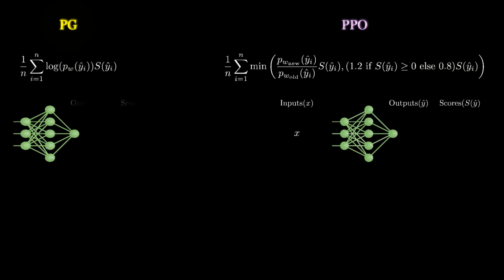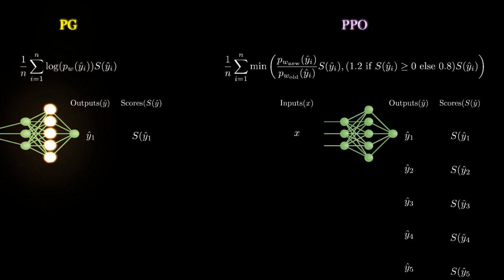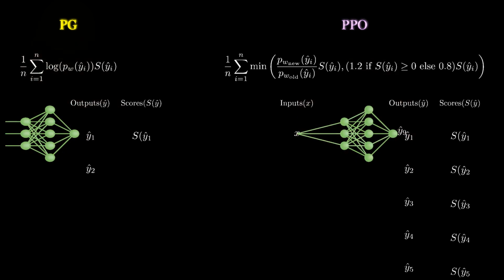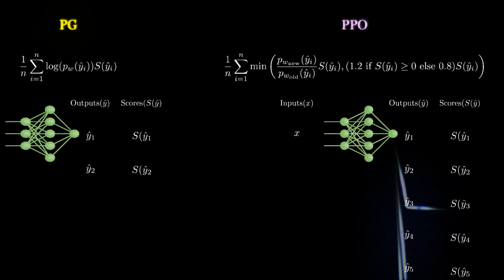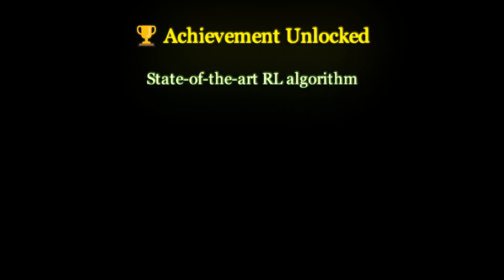PPO is trained for multiple steps of gradient descent per sampling, whereas policy gradients is only trained for one step. Everything you see in the PPO equation is just stuff you have to do to prevent policy gradients from completely breaking down when you train for more than one step. Alright, we have now developed a state-of-the-art reinforcement learning algorithm, and we did it in a purely supervised learning setup.